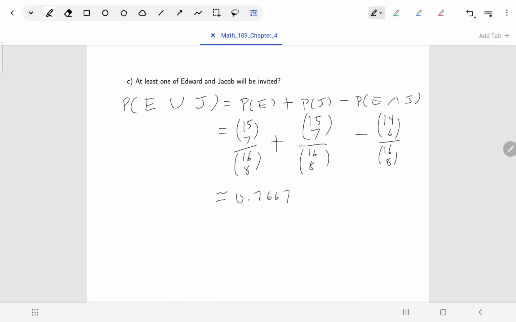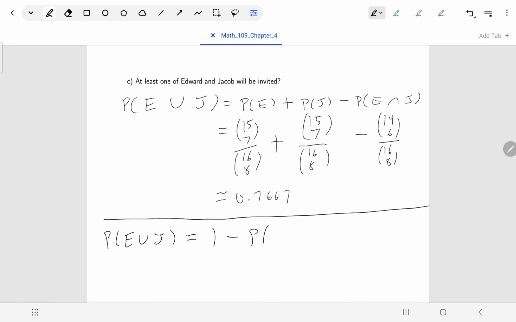Another way that we could have tackled this, so one way was inclusion exclusion. Another way would be by using the complement, because we're looking for Edward or Jacob or both to be invited to the party. And I could say, well, the opposite of that is that Edward is not invited and Jacob's not invited. So the opposite of Edward or Jacob or both being there would be not Edward and also not Jacob.